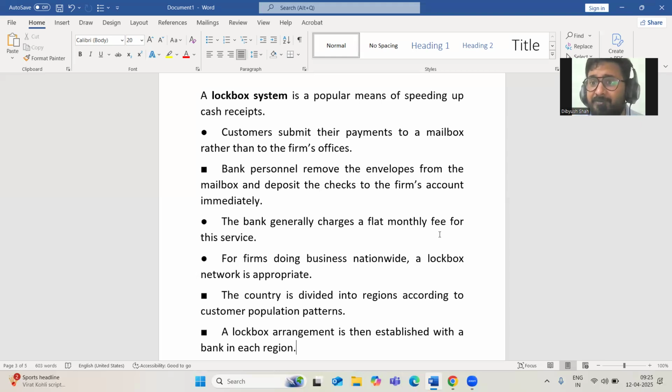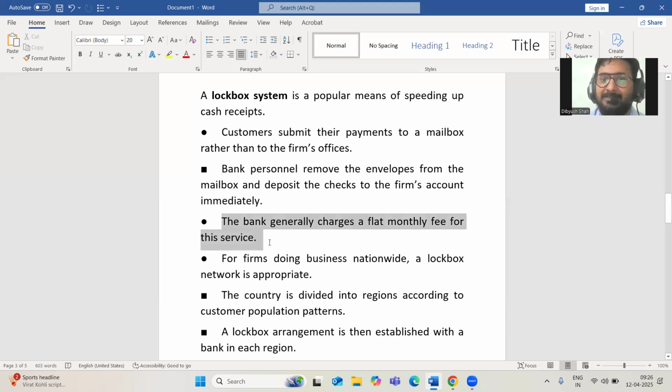So time is saved. Otherwise, they would have given me the check, I would have processed and deposited it, and then the money would have got credited into my account. In this case, bank people take the check directly from that designated mailbox and deposit it to my account, so funds are getting cleared quickly.